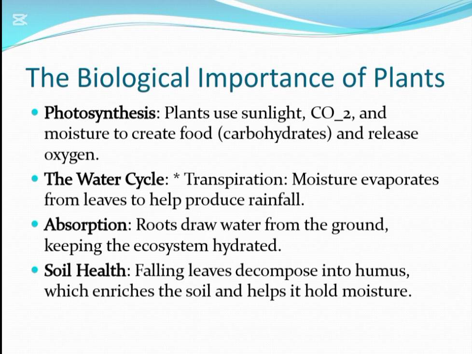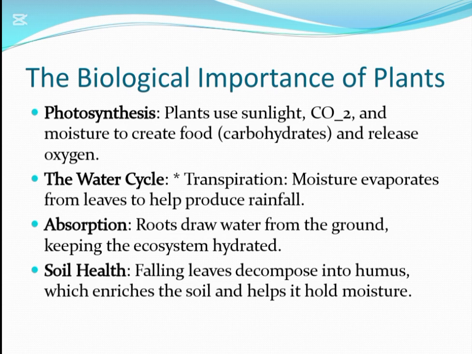Now, let's go under the hood to see how plants actually work. If the earth is a living machine, plants are the engine. Here is a point: photosynthesis. Hope you all know what photosynthesis is. Basically, photosynthesis is the food factory. Plants are the only living things that make their own food from scratch.